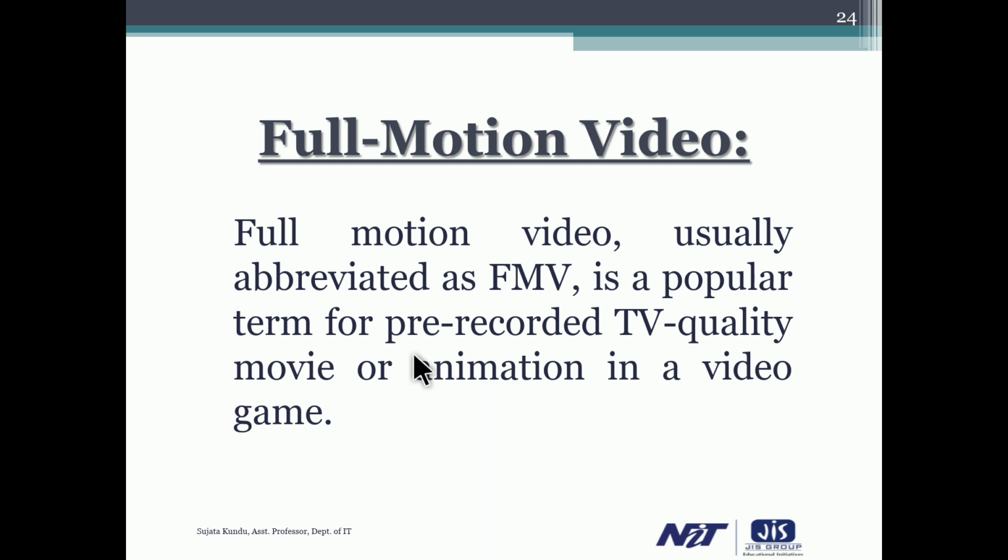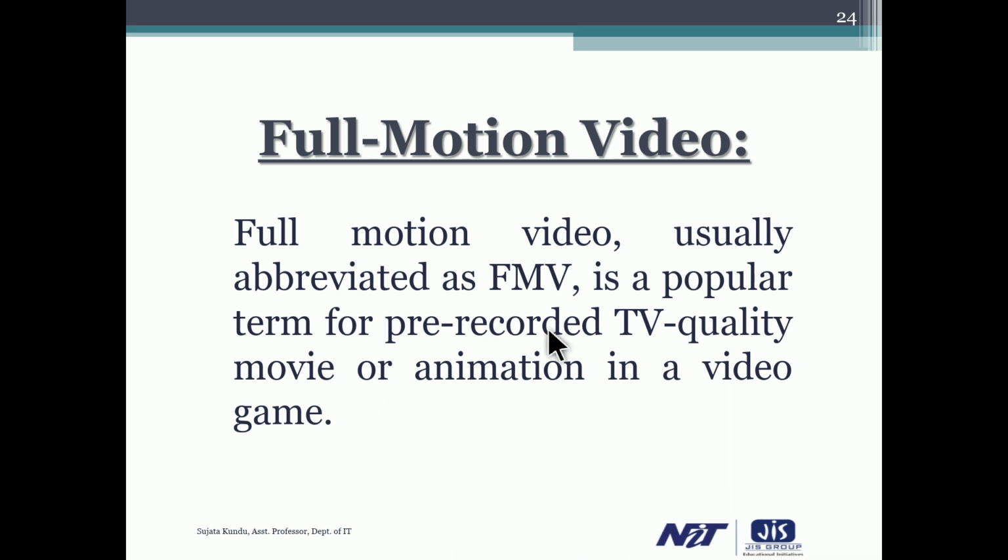Full motion video, usually abbreviated as FMV, is a popular term for pre-recorded TV quality movie or animation in a video game. FMV is simply a playback of something that was previously recorded, usually rendered by a much more powerful machine.